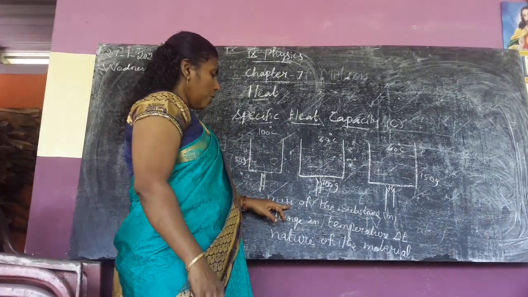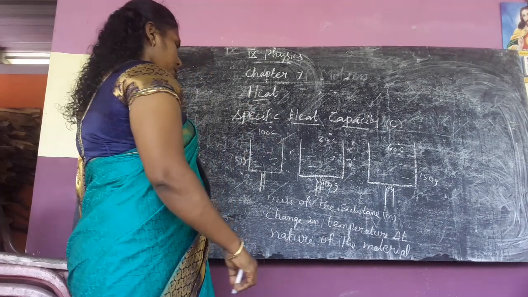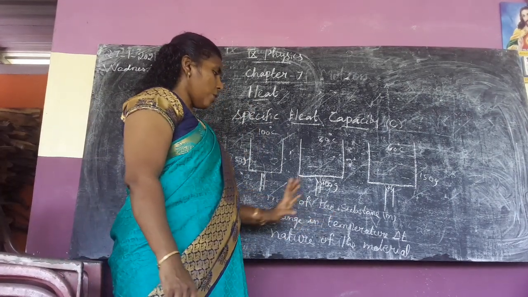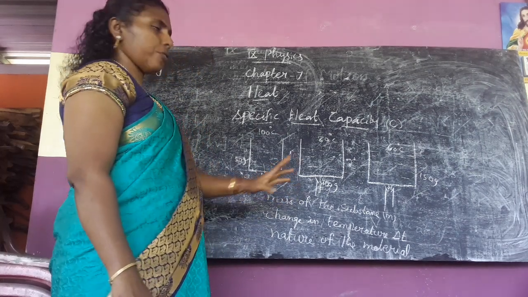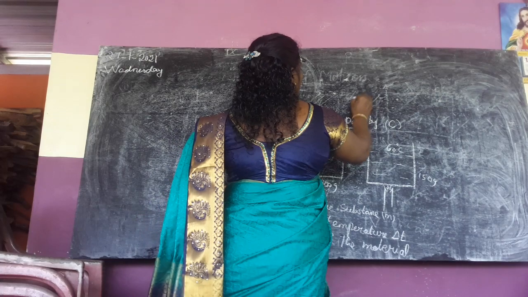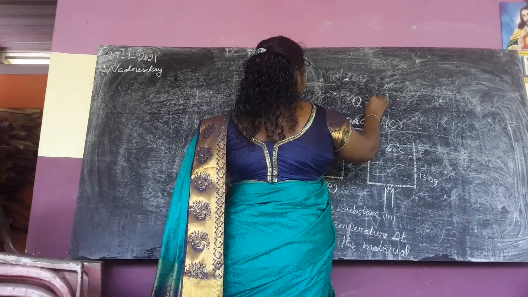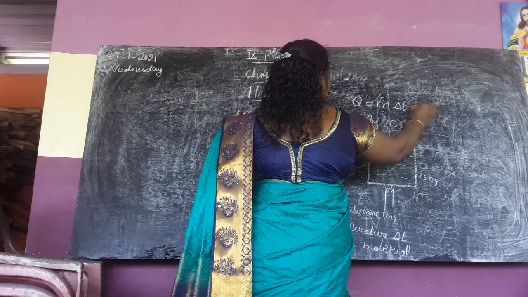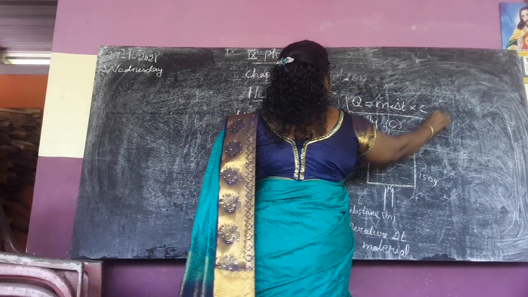First, mass of the substance. Next, change in temperature, delta T, and the nature of the material. So we can find the formula: Q equal to M delta T into C. This is the formula for heat transfer.